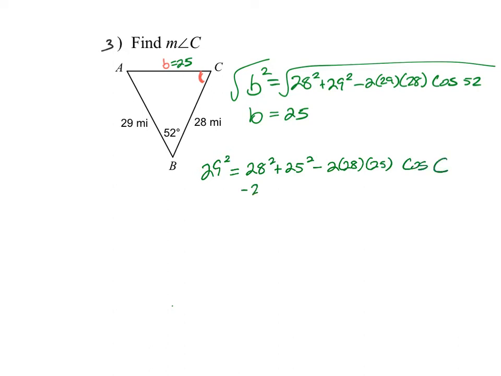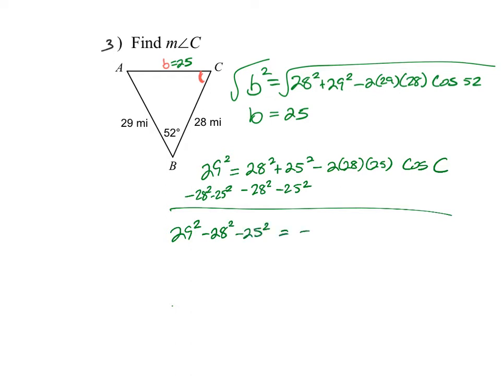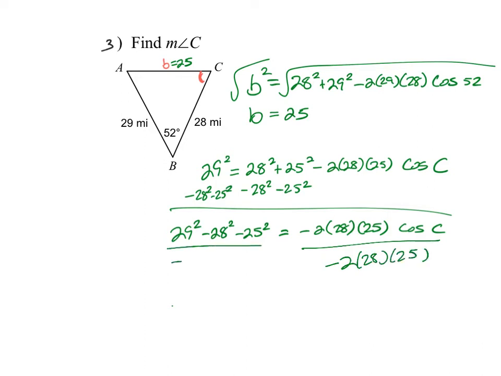So I'm going to subtract 28 squared on both sides and 25 squared on both sides. So I have 29 squared minus 28 squared minus 25 squared equals negative 2 times 28 times 25 times cosine of C. So the measure of angle C is going to be cosine inverse of 29 squared minus 28 squared minus 25 squared over negative 2 times 28 times 25.